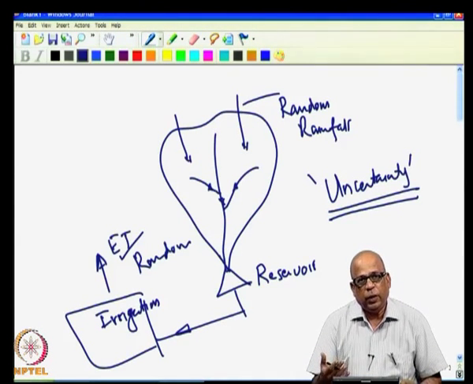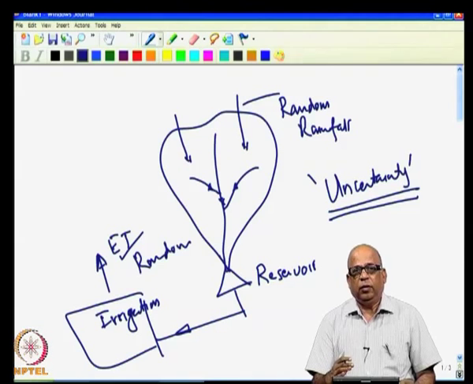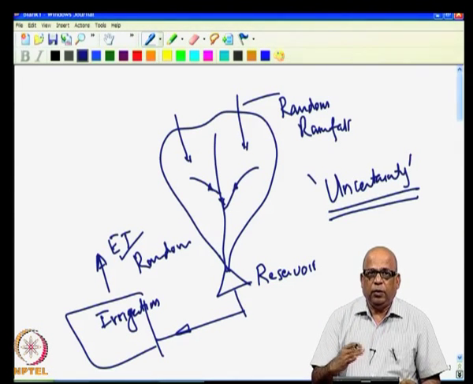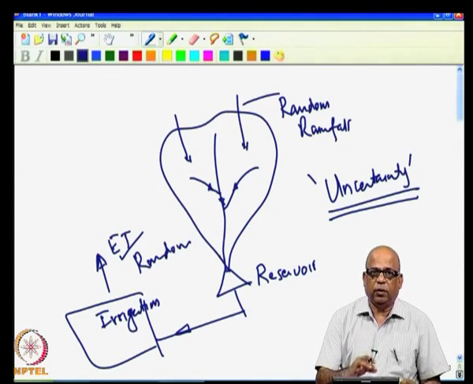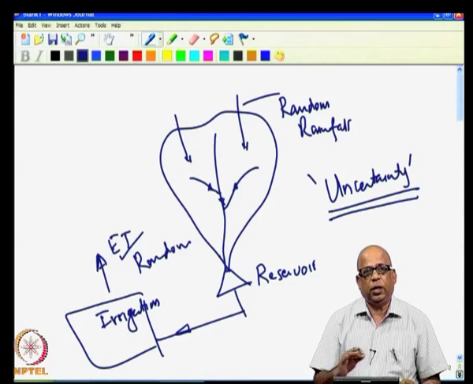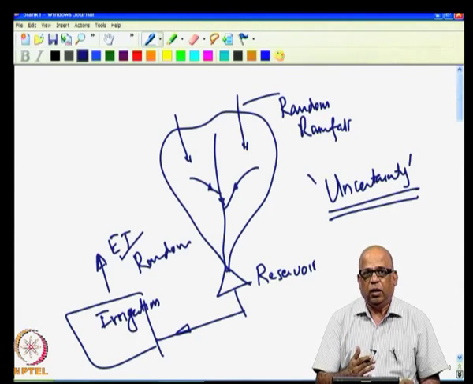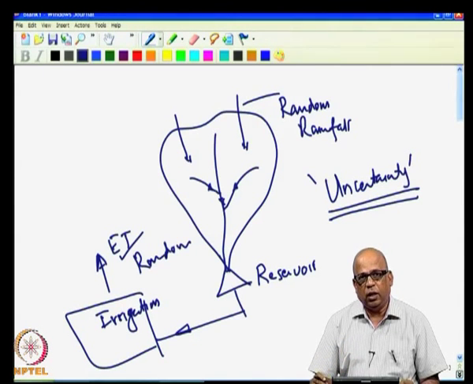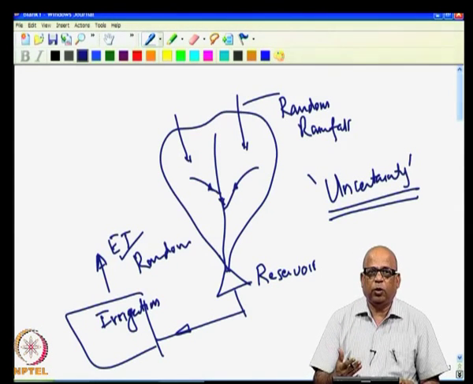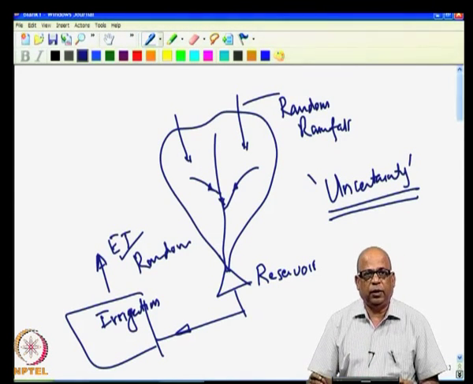So, we must have methodologies by which we make decisions in the face of these uncertainties, by incorporating the uncertainty and not by ignoring the uncertainty. In the case of the deterministic procedures that we developed earlier, we simply ignore the uncertainty, but uncertainty is a major component in any water resource system, and therefore, we must have methodologies through which we address it.